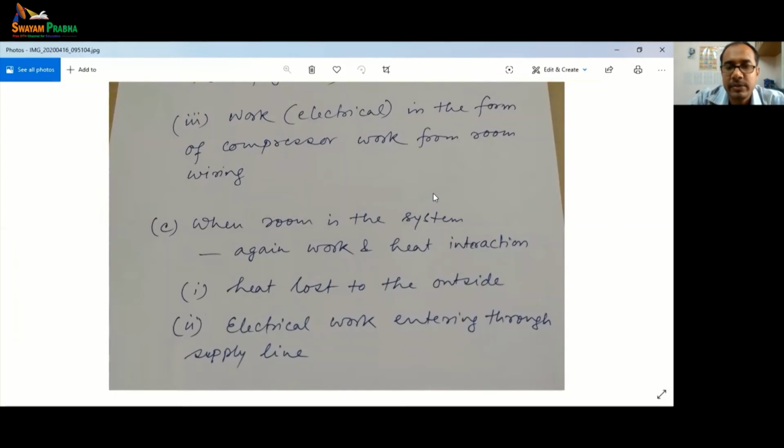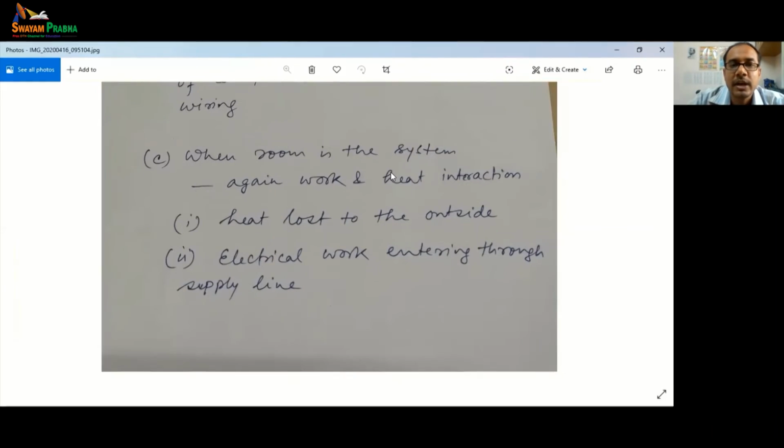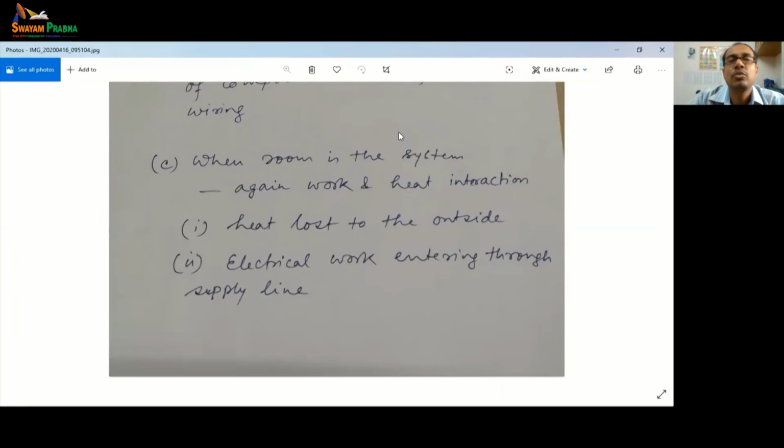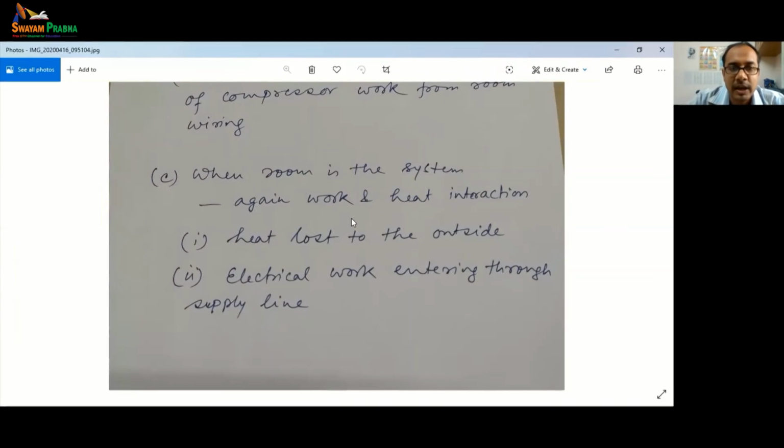Now when we take the refrigerator, we have a work interaction as well, and that is electrical work. Now if we take a superset of that, so the whole room is our system, where the refrigerator is kept, and we want to know what is the heat or work interaction with the room.